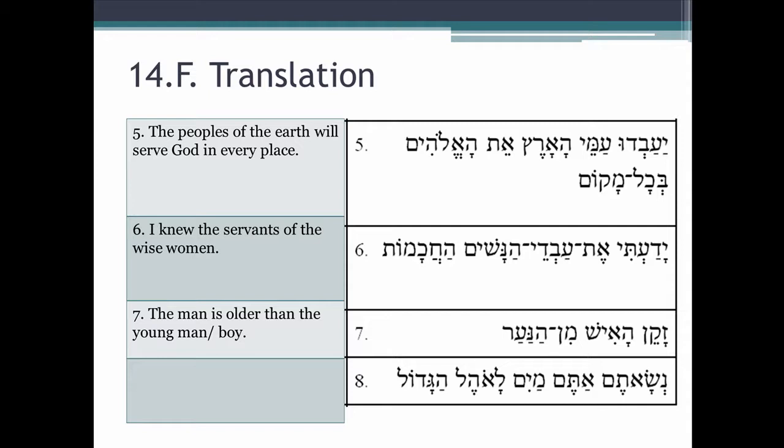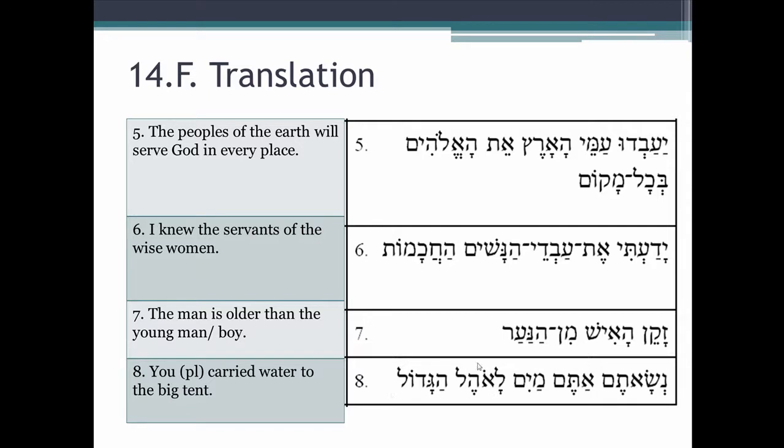It's up to you. But you'll notice Futato, I think this is Futato's translation that I copied out, he doesn't do "you yourselves carried water," he just says you, plural, carried or bore water, mayim, la ohel hagadol.